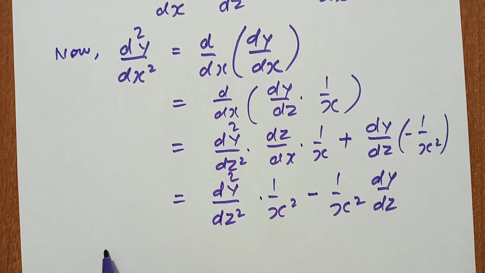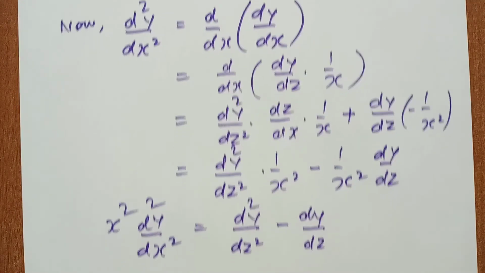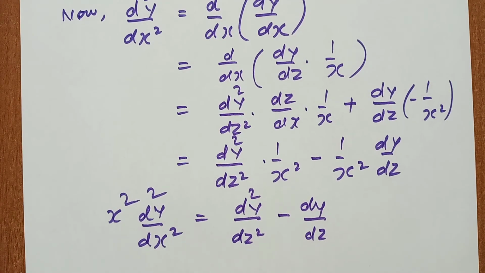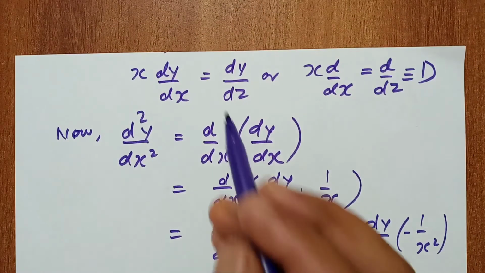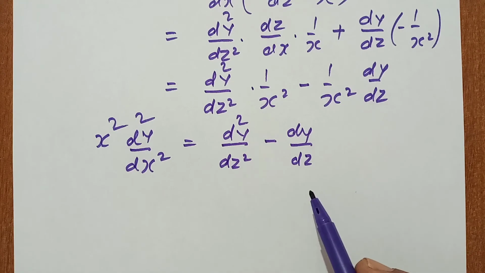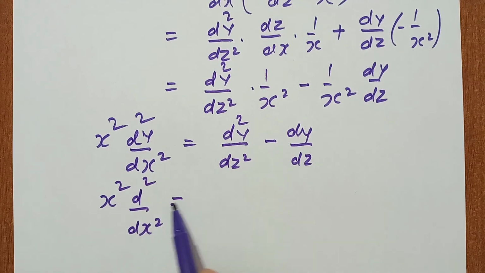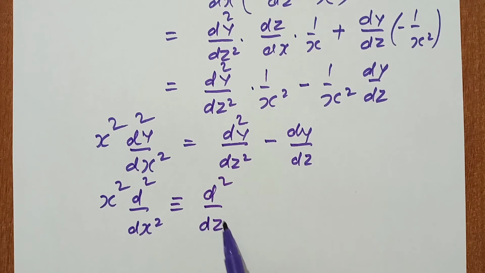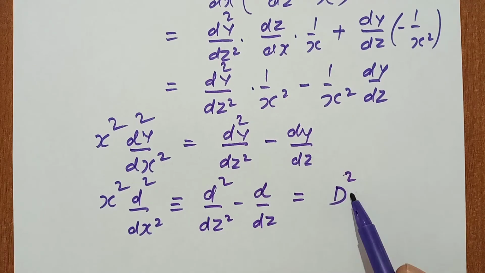Now multiplying by x squared, x^2 d^2y/dx^2 equals d^2y/dz^2 minus dy/dz. So in place of x dy/dx we write dy/dz, and in place of x^2 d^2y/dx^2 we write d^2y/dz^2 minus dy/dz. This can be written as D^2 minus D.